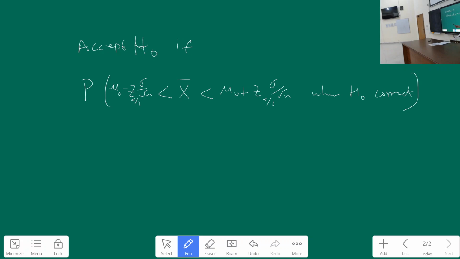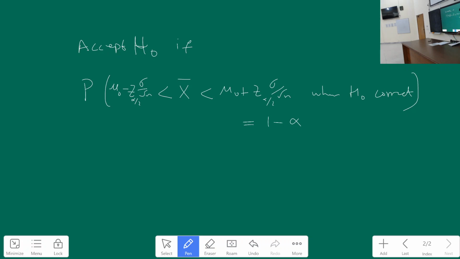This is the same thing we wrote before. We said P of x bar is between 164 and 1, for example. So it's the same thing that we're writing now. And of course this probability has to equal 1 minus alpha.